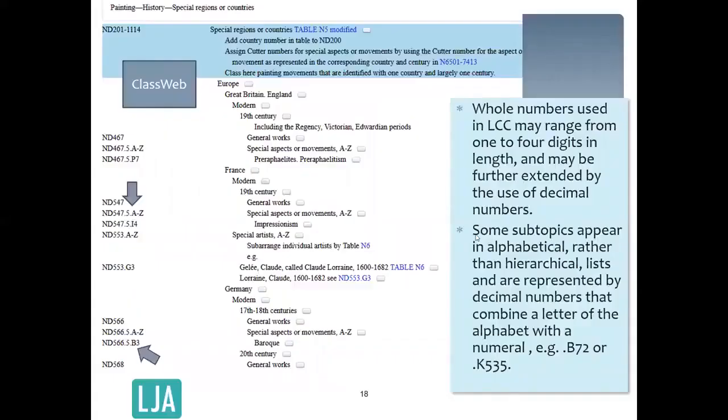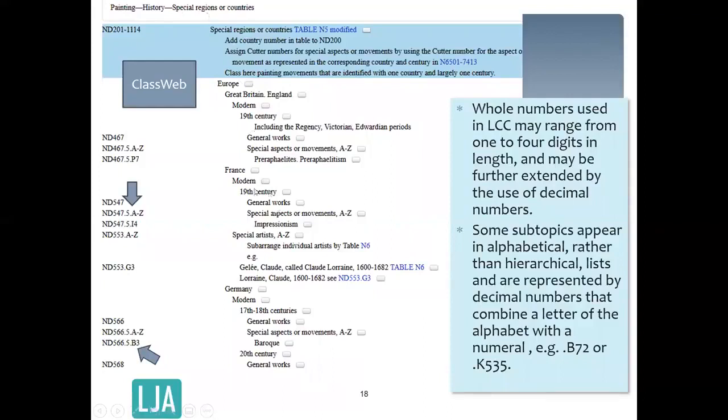Here's another example from ClassWeb. This is a great example in terms of seeing a hierarchy of subjects, and we also have some wonderful things here where it tells you "sub-arranged by individual artists by tables in 6." So we have here painting, history, and then we're looking for special regions or countries.